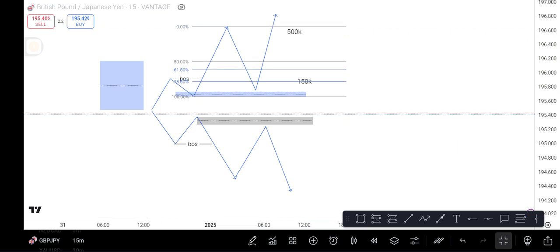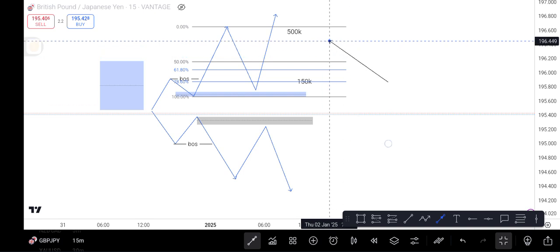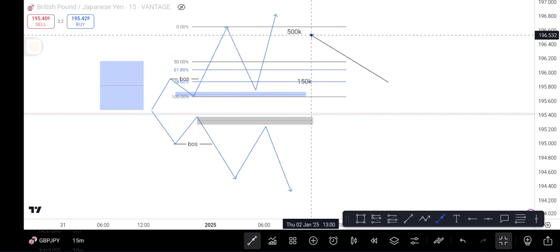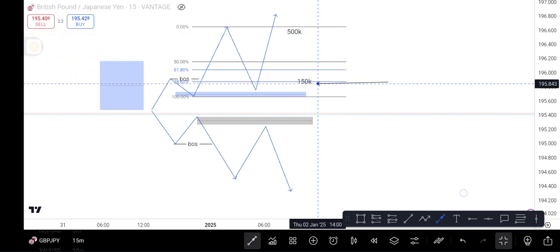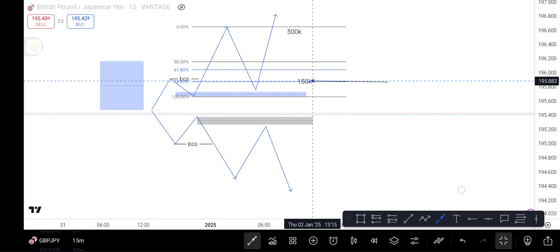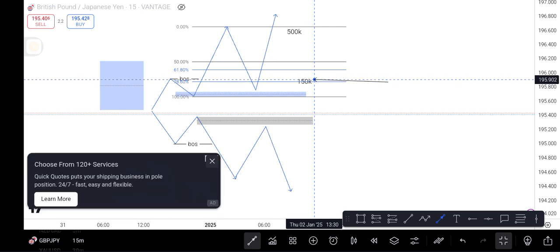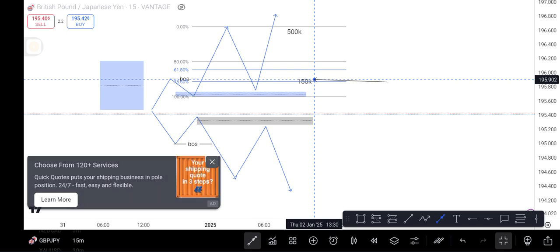So the premium level is the level at which this sneaker is sold for 500,000. And the discount level is the level at which this sneaker is sold at a discounted price of 150,000, thereby raising the demand for the sneakers.